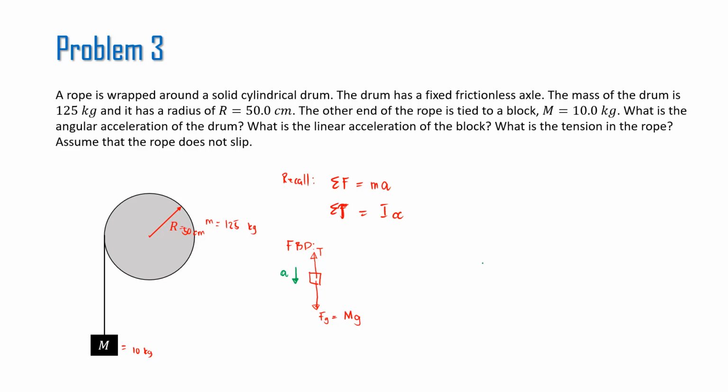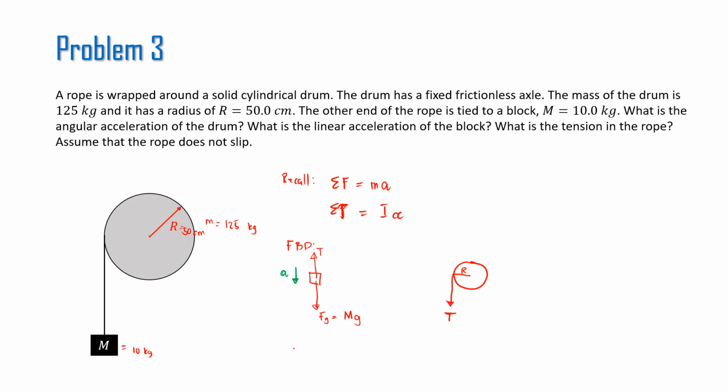And then for the drum, suppose this is the drum, then this is the radius of the drum, and this one is the force acting on the drum. The drum has a fixed axle, so we only need to consider the torques acting on it.